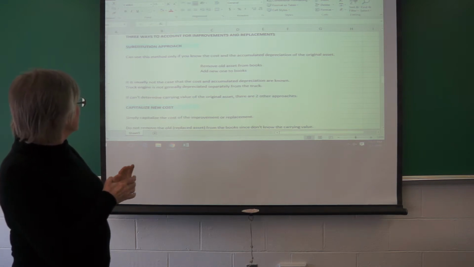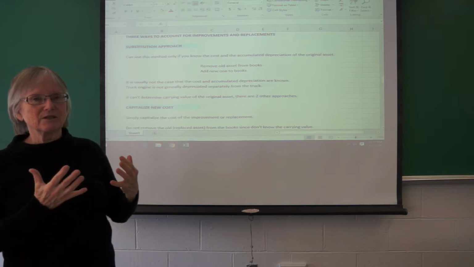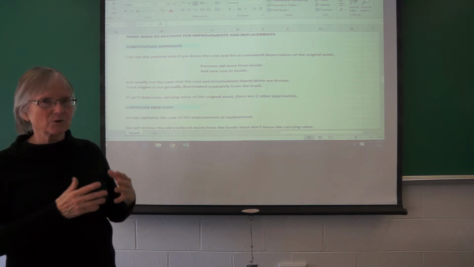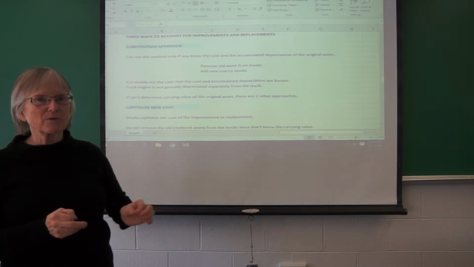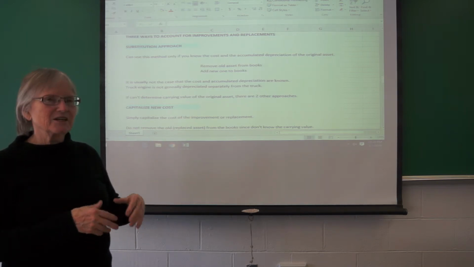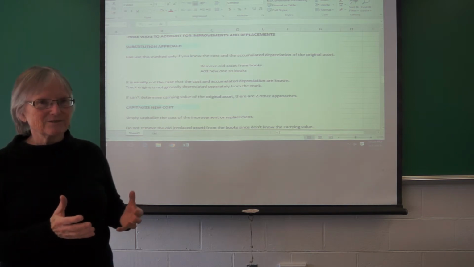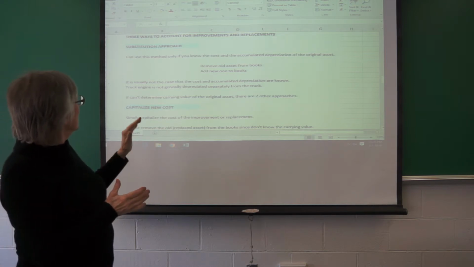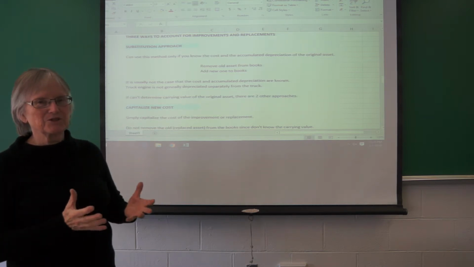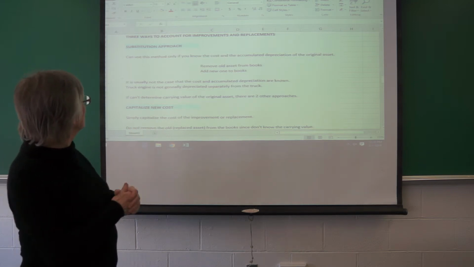But a lot of times that information is not available, because if you're, say, upgrading an engine or replacing an engine, usually that has not been depreciated separately from the truck. A lot of times your various systems in a building have not been depreciated, especially in a smaller business, separately from the building. So you may not have that accumulated depreciation for the particular replacement.